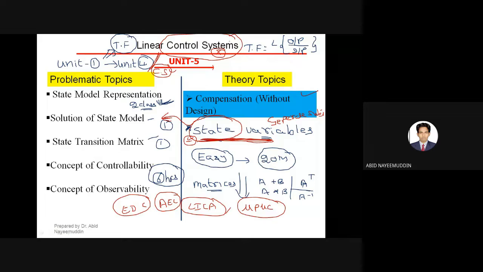Under this branch, in unit 1 to unit 4, you learn only the basics of this branch, just like in your first year you studied basic electronics engineering or basic electrical engineering. In the same way, this is the basics of control system engineering from unit 1 to unit 4. In addition, unit 5 is the basics of the state variable concept, an application to control system, that we will be discussing.